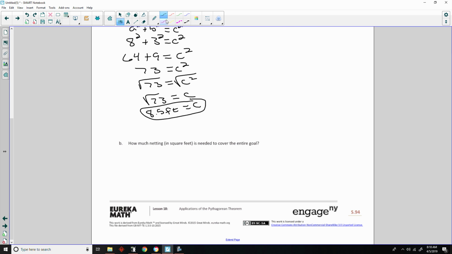So to find the total area, I would say area total equals 2 areas of the triangle plus the area of the rectangle.